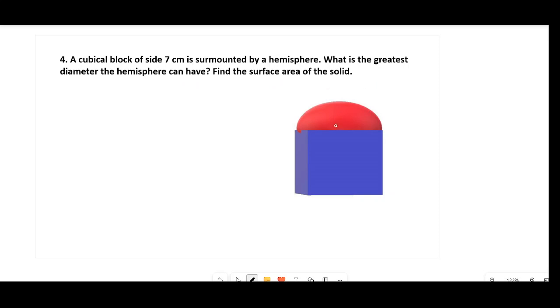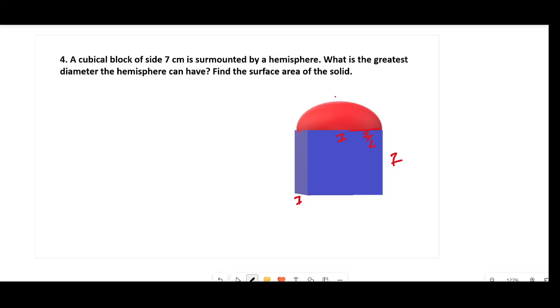So don't worry, here 7 will be the greatest diameter of this hemisphere, because it is according to the edge of the cube. Now so the cube, this is 7, this will be 7, and this will be 7. Clear? Now so the radius will be 7 by 2.